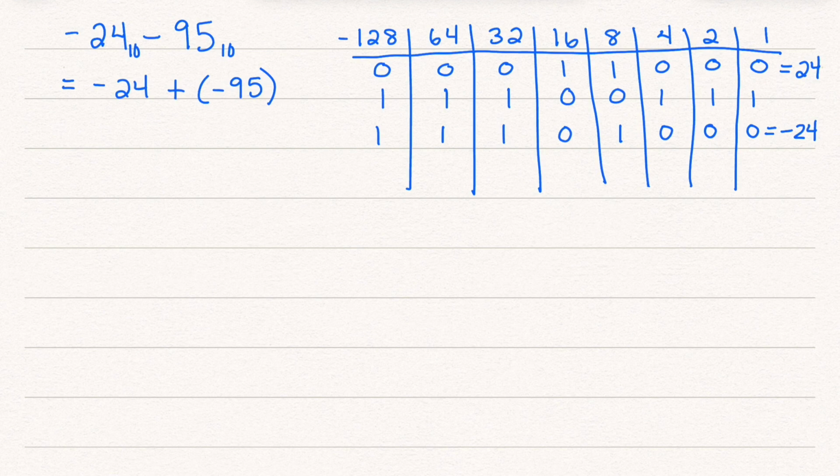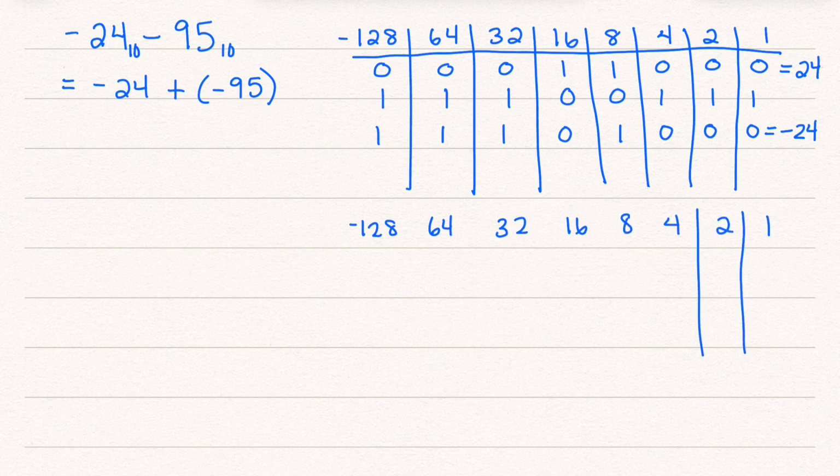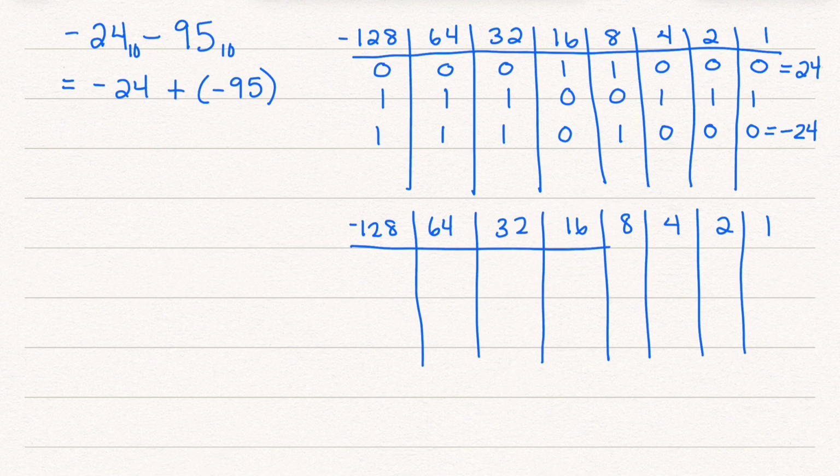Okay, so let's repeat that for negative 95. Okay, so 64 is the closest I can get to 95, which is going to leave me 31 left over.